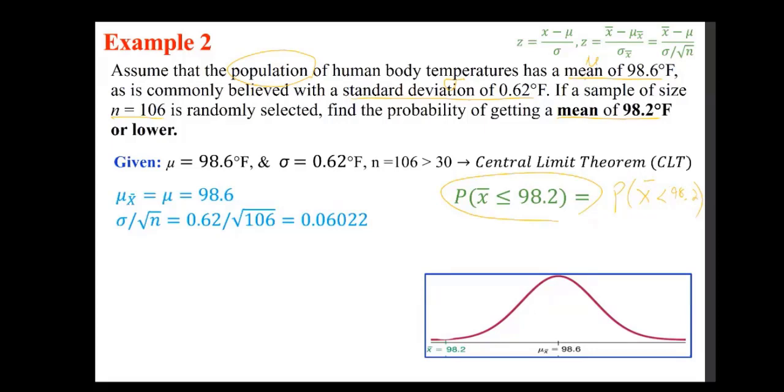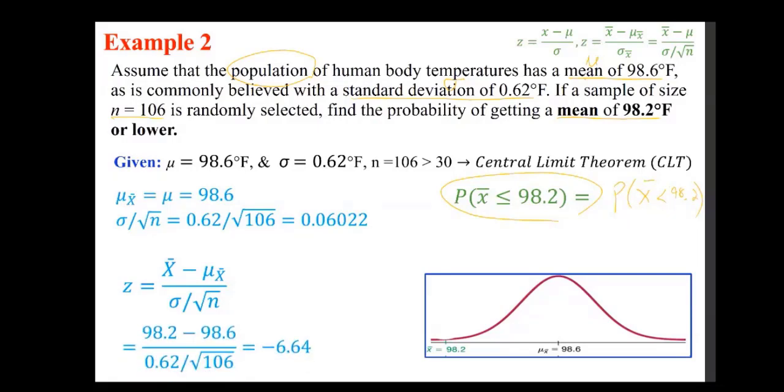So now we have the mu. We calculated the sigma of x bar. So let's calculate the z value. So 98.2 minus 98.6 over 0.62 divided by the square root of 106. We've already calculated it, and it becomes negative 6.64. I would graph this one, and so I'm interested in this.